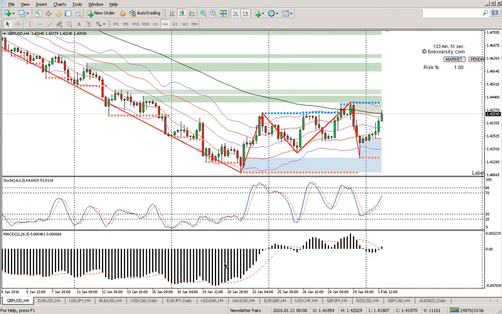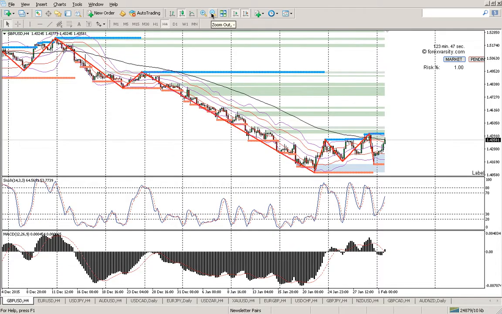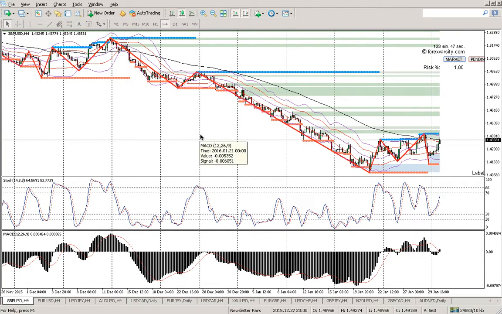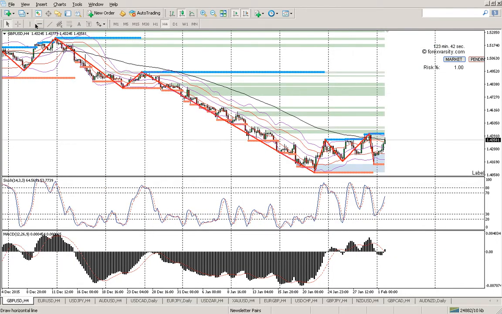So what the MACD is, as you can see, this is a 4 hourly chart of GBP USD, and what you can see on the 4 hourly, as soon as the bars over here, these are called the histogram bars, as soon as those got bigger and bigger, from this point they moved all the way down, and can you see how price just pushed and pushed and pushed down.